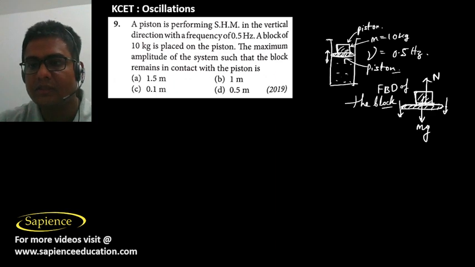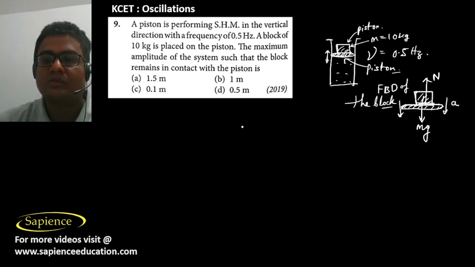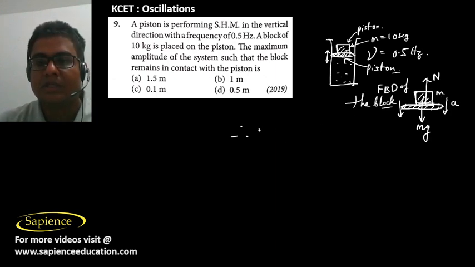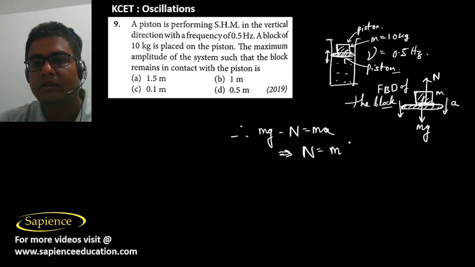The whole system, the block along with the piston, is accelerating downwards with acceleration a. Suppose the mass of the block is m, then mg minus N is equal to ma. Therefore the normal reaction will be m into g minus a.